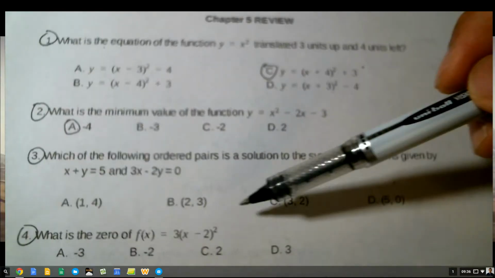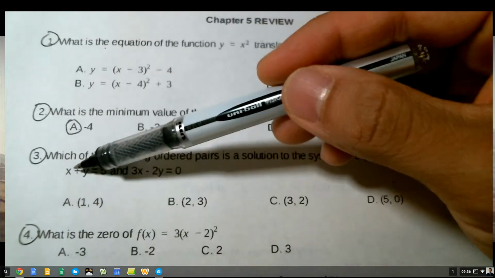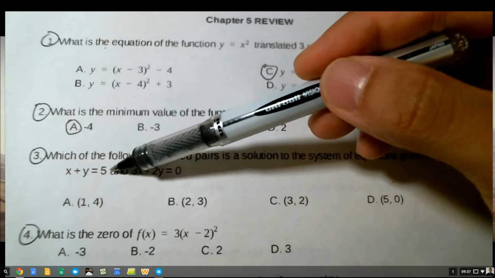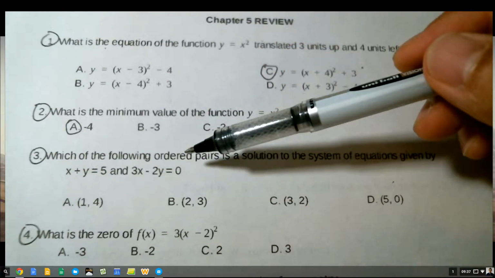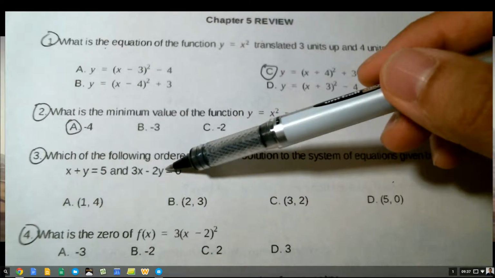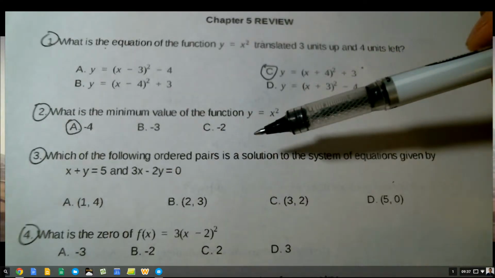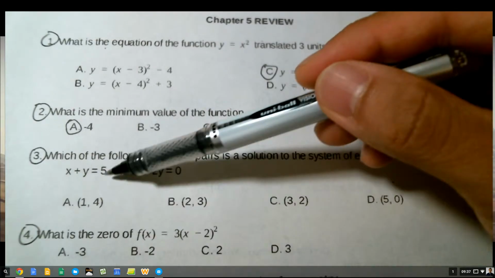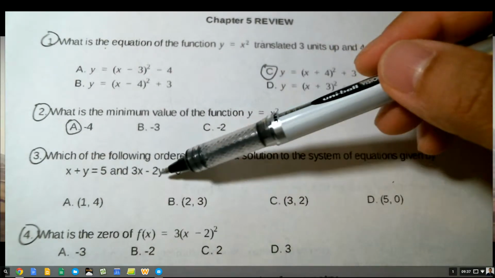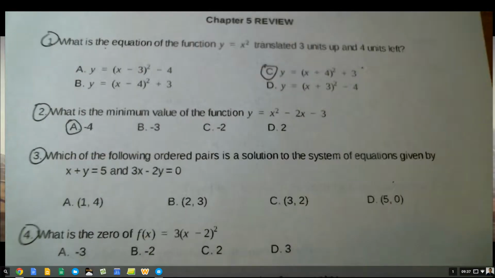If you plug in x and y, it equals 5, and those same pairs, in the other equation, come out to be 0. You could plug each individual coordinate in and see which one works. That is a possibility for a multiple choice exam. But let's say it's not multiple choice. How would you figure out for sure?